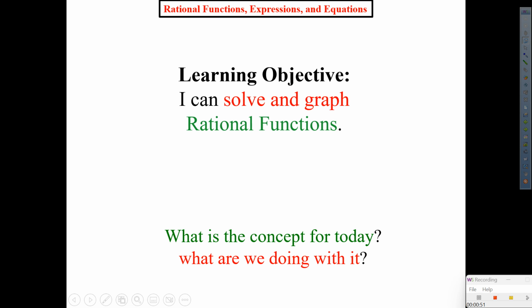I can solve and graph rational functions. So we don't need a fair model today because we already know what rational functions are. Tell your neighbor what rational functions are without looking at your notes.